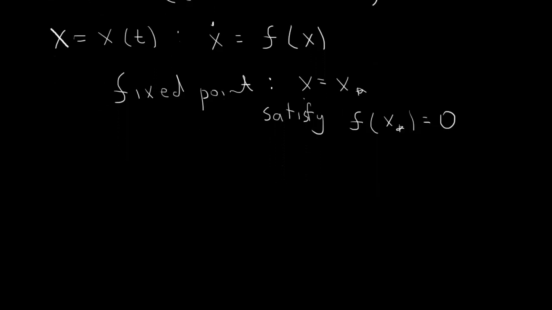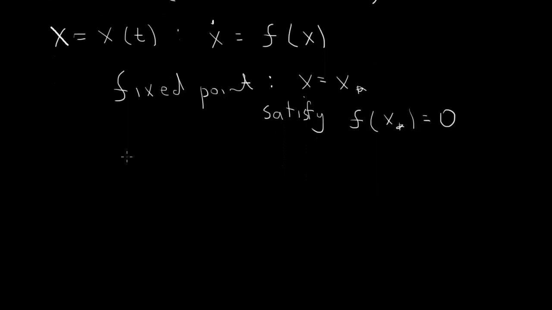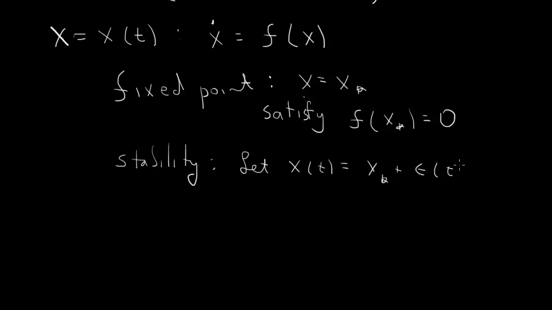So then the question becomes the stability of the fixed point. To determine the stability, you want to move x a little bit away from x star. So we let x be nearby x star, so x of t equals x star, and allow it to move slightly away from x star, so plus epsilon of t.